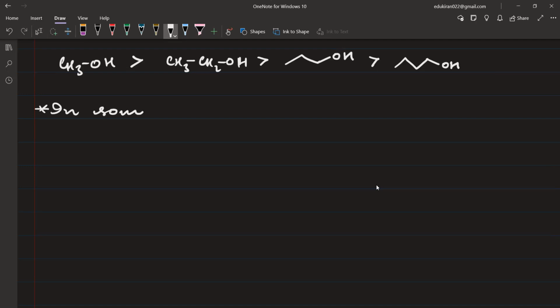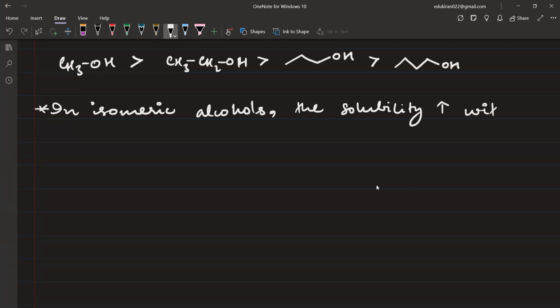In isomeric alcohols, the solubility increases with increase in branching.